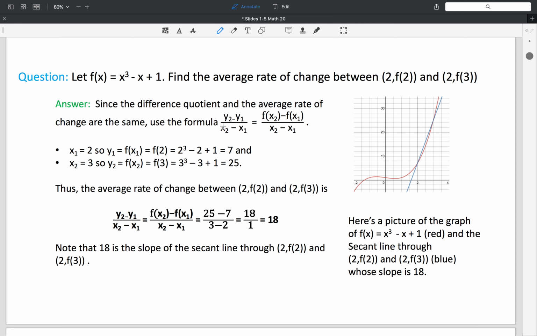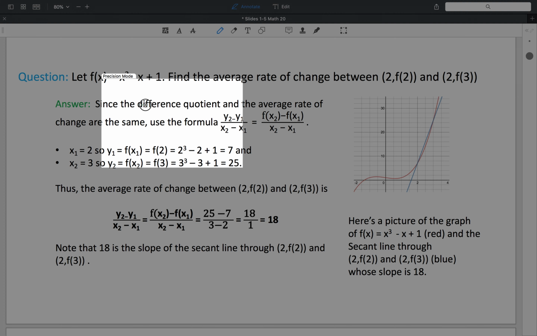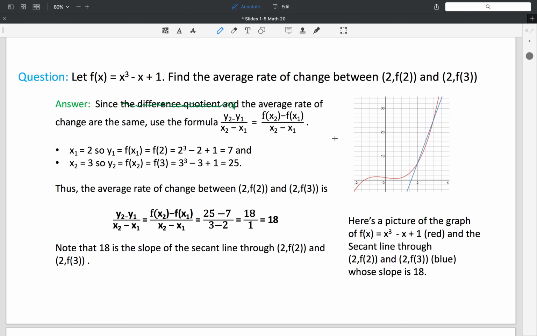Okay, so find the average rate of change. So again, we're going to use, this is called the difference quotient, but we don't need that. You can just call it the average rate of change. You want to use this formula. And if we plug in x1 equal 2 into here, this is f of 2, we get 2 cubed minus 2, which is 6, plus 1 is 7.